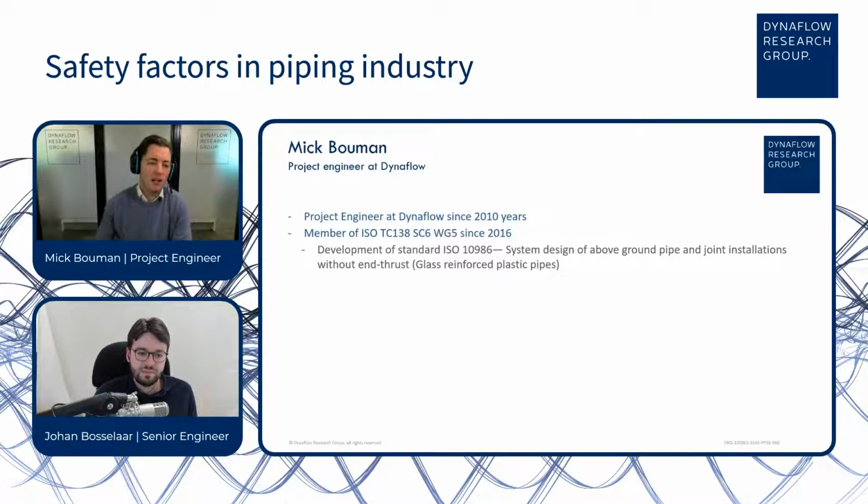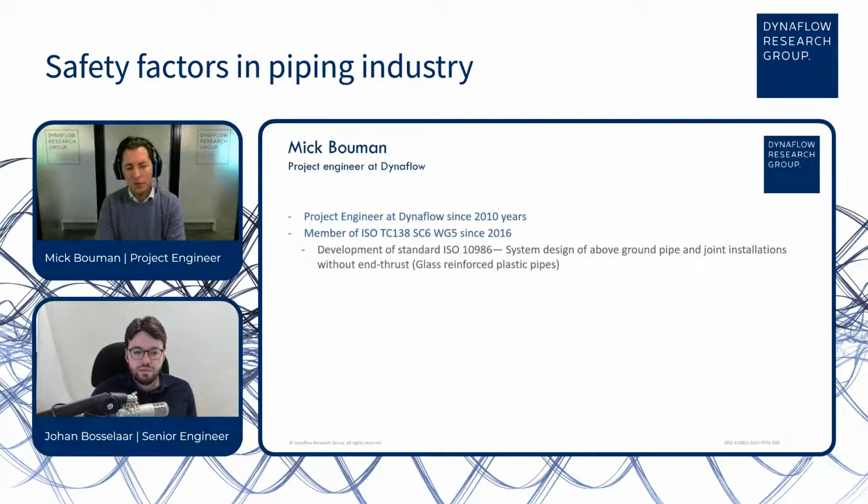This TC 138 slash SC6 tells you the typical subject of all the standards developed in that subcommittee. In this case, it has something to do with the design or the testing of glass reinforced piping, so pressure piping also.